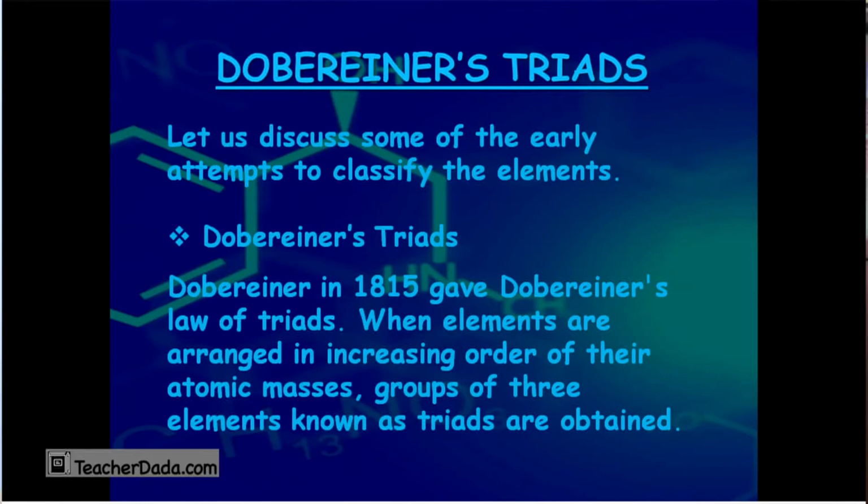According to this, when elements are arranged in increasing order of their atomic masses, groups of 3 elements known as triads were found.